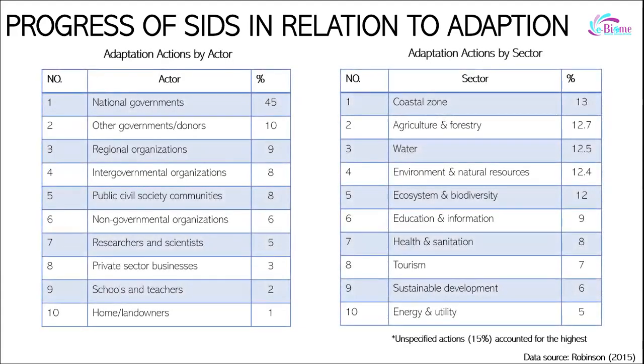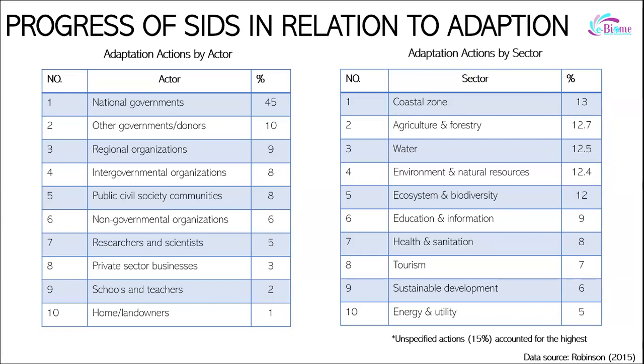If we look even further on adaptation actions by actors and sector, it is realized that national governments are the major actors in developing adaptation actions to try to reduce the effects of climate change.